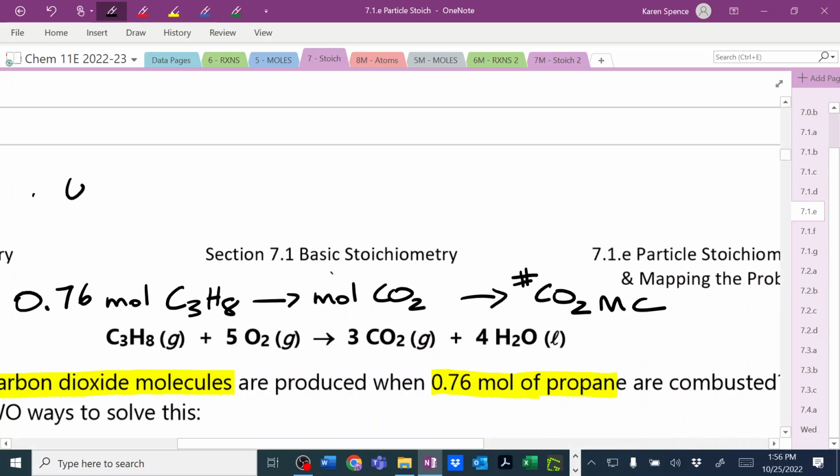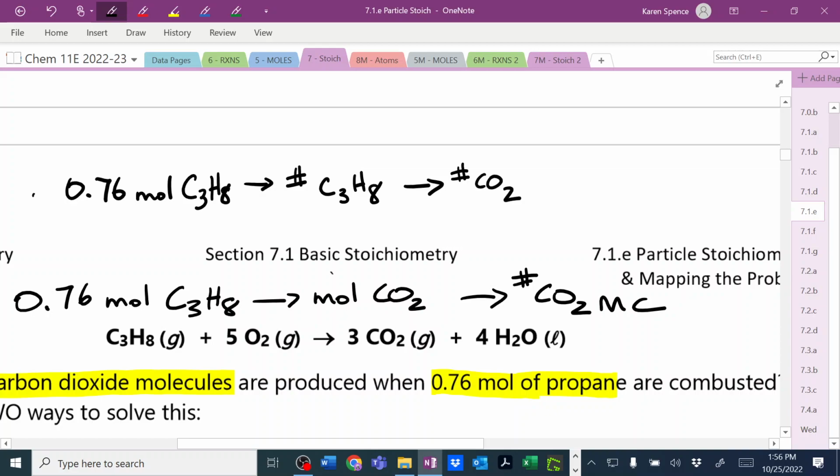Or the other route we could take, 0.76 moles of C3H8, we could do the number of particles of C3H8, and from there we could go to the number of CO2 molecules.